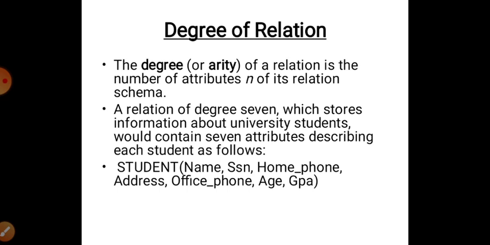A relation of degree 7 which stores information about university students would contain 7 attributes describing each student as follows. So Student is the name of the relation and the attributes are name, SSN, home phone, address, office phone, age and GPA, that is average marks.